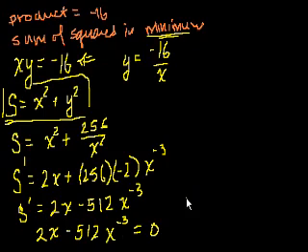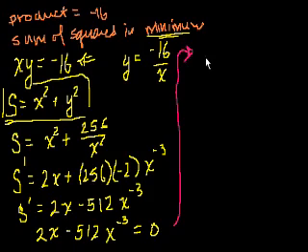We can manipulate that around a little bit. Let's add 512 x to the minus 3 to both sides.